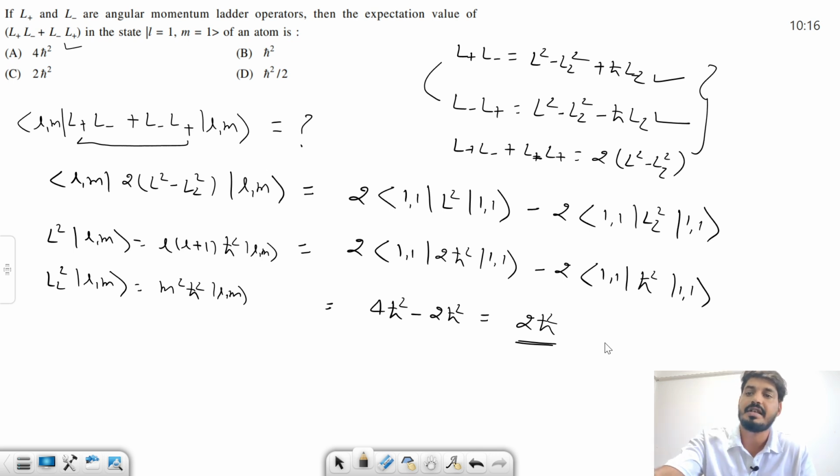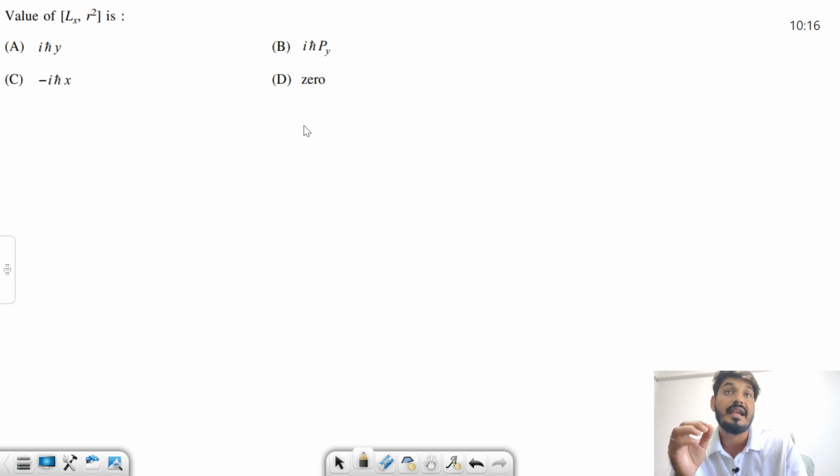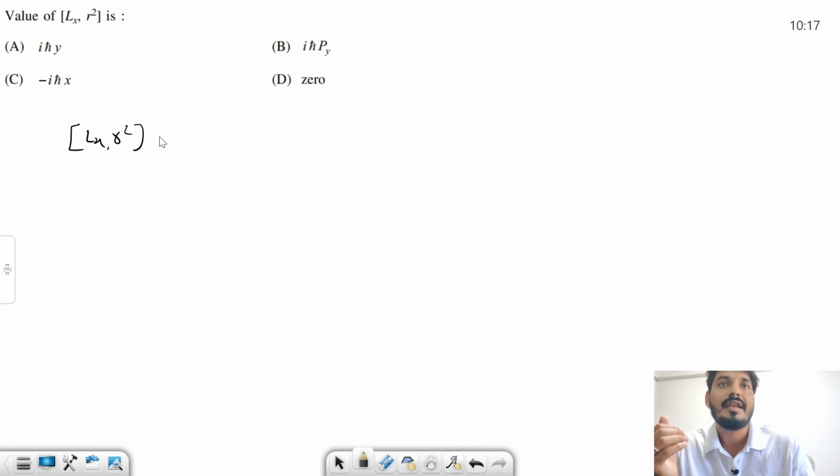Fine. Okay, let's go to the next question. Yeah, this is also an interesting question. We have to find out the value of this commutator of LX with R square. How to do this? See how I will handle this question. What is given to us? LX with R square. Can I write it like this: LX with X square plus Y square plus Z square.